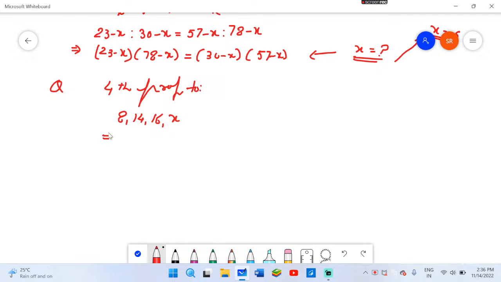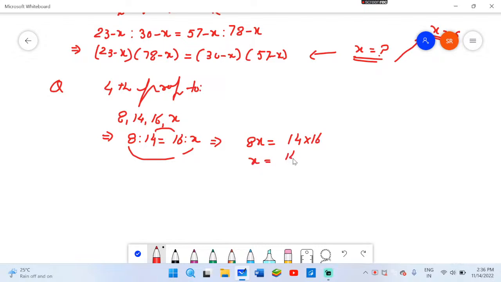So apply the property. These are in proportion. Therefore, product of extremes should be equal to product of means. It means 8x should be equal to 14 into 16.